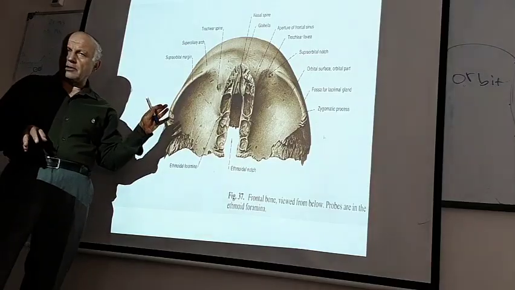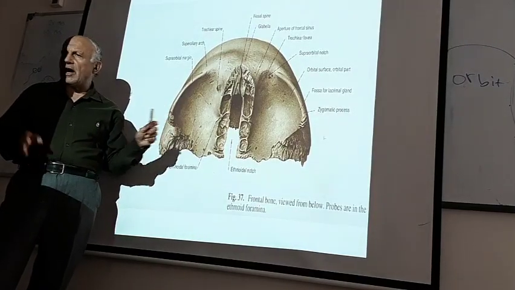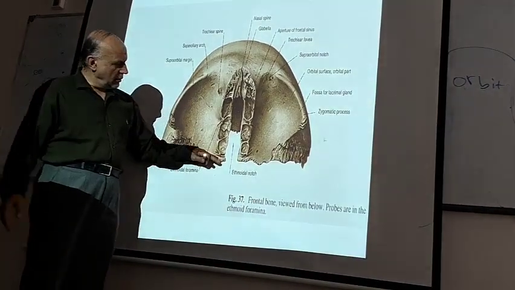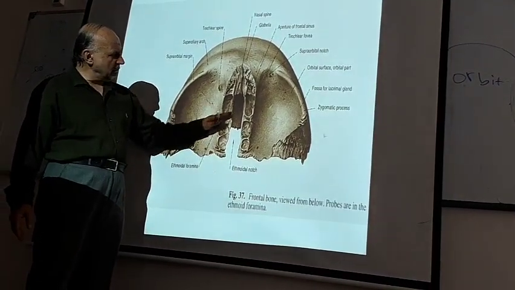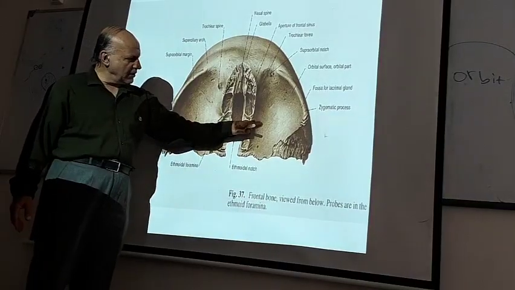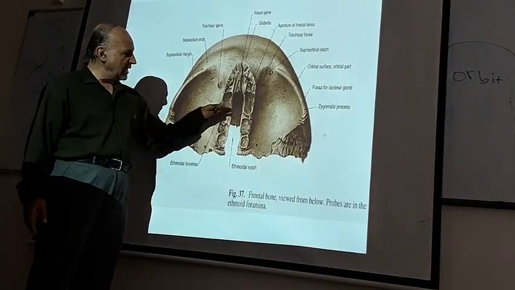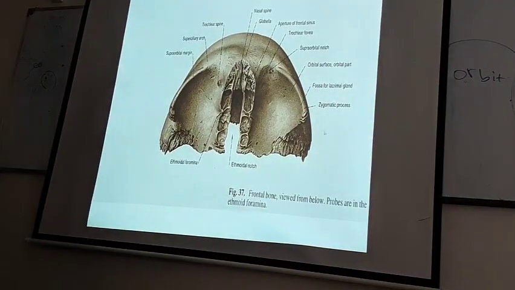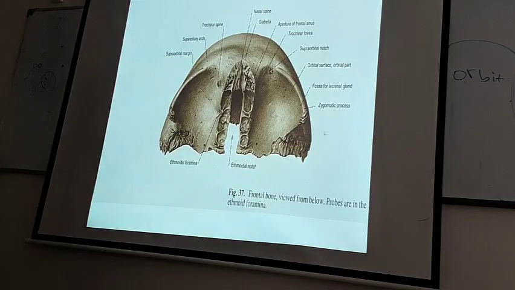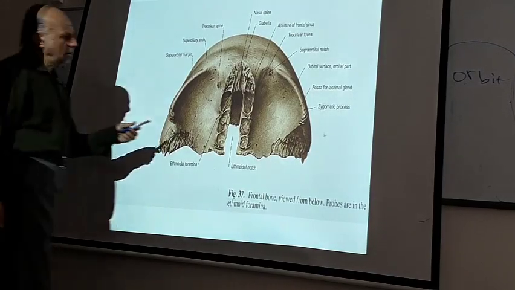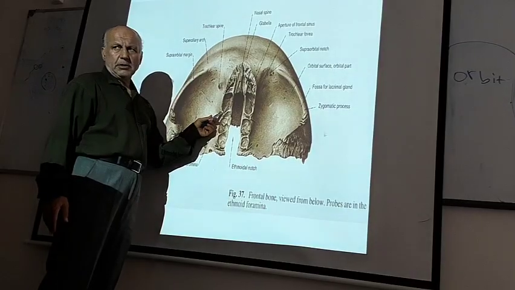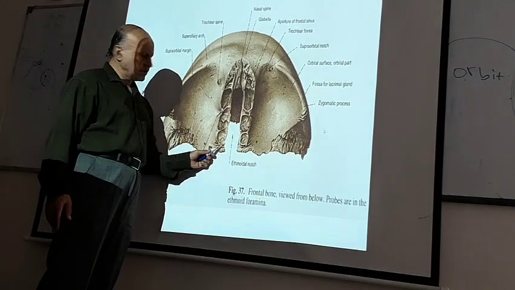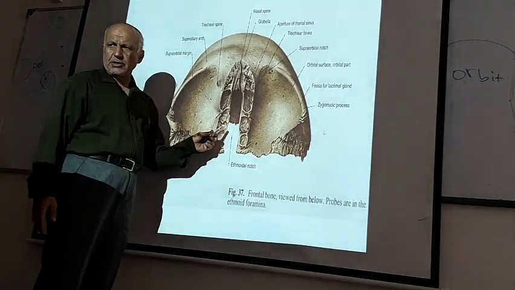When the ethmoid articulates here, we have two canals in the right and two canals in the left: the anterior and posterior ethmoidal canals. From the anterior and posterior pass the nerves and vessels. The anterior ethmoidal canal relates the cranium to the orbit, and the posterior relates the orbit to the nasal cavities.